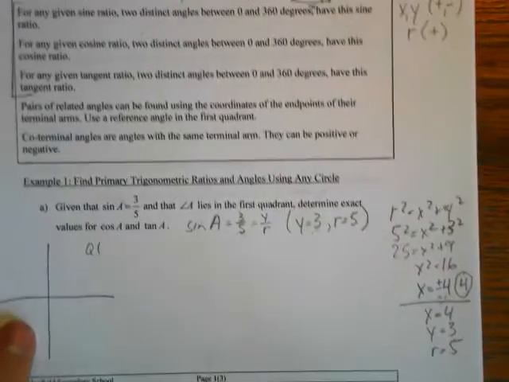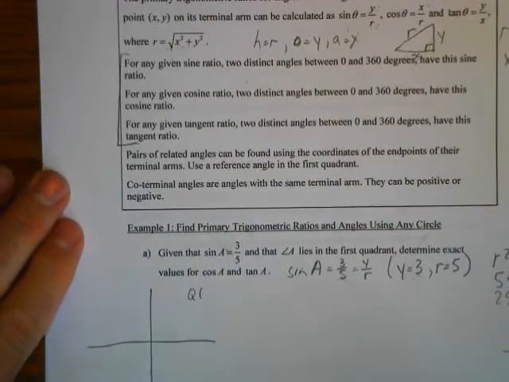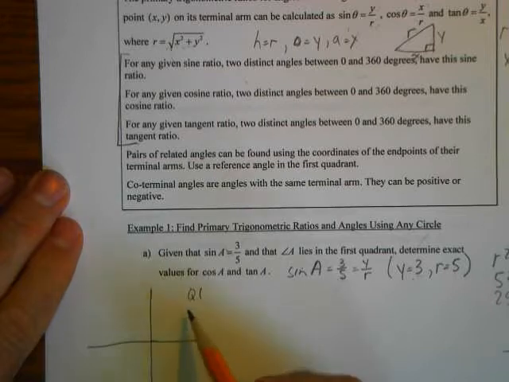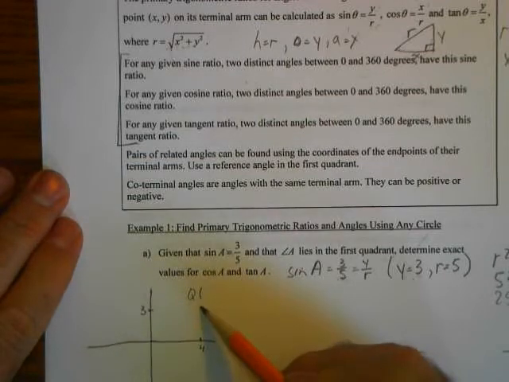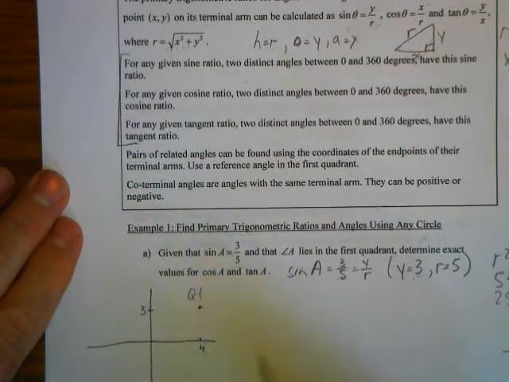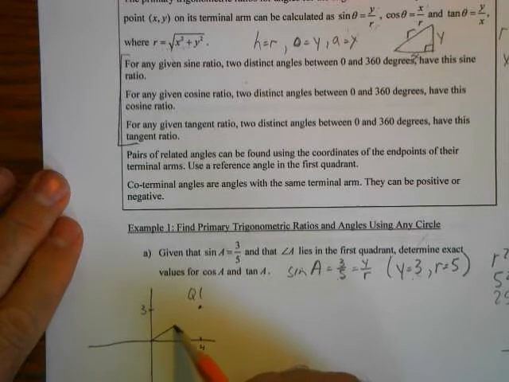That is absolutely true. Okay, so now I can start creating a little triangle here in my sketch. I know that x is 4, so I'm going to go out 4 units here. I know that y is 3. So basically the top corner of my triangle will be where those two meet. And I'll draw my radius, my r, going from the origin to that point.